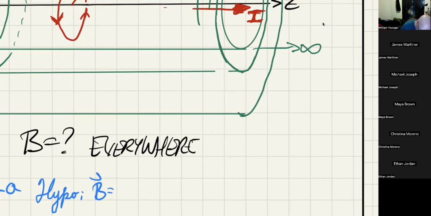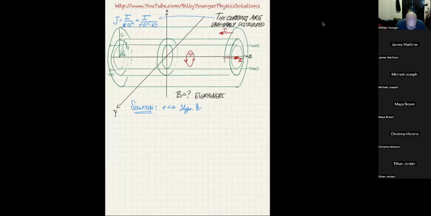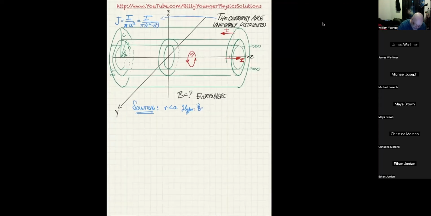Close. Remember, we were talking about, well, imagine this. Let's forget about the complexity of it here. Let me see if I can talk you through this a little better. Instead of this complex system, think for a second that we're just looking at that inner wire.